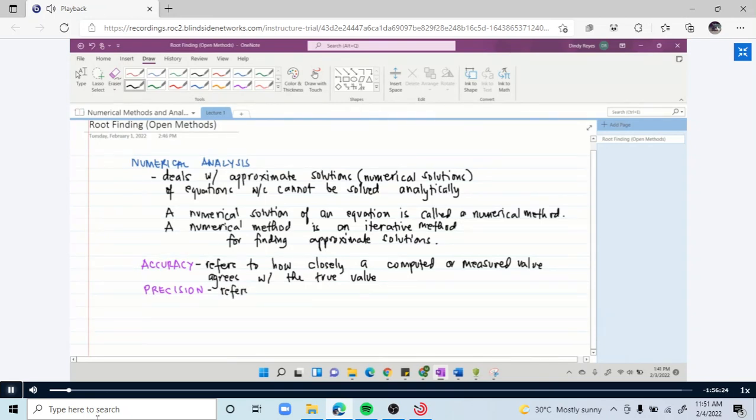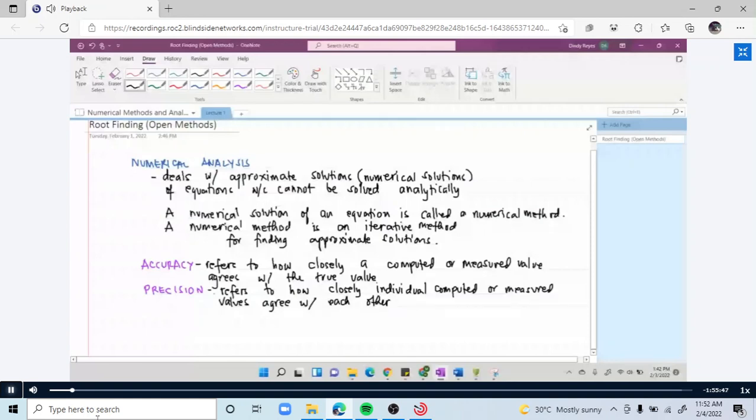Refers to how closely individual computed or measured values agree with each other.